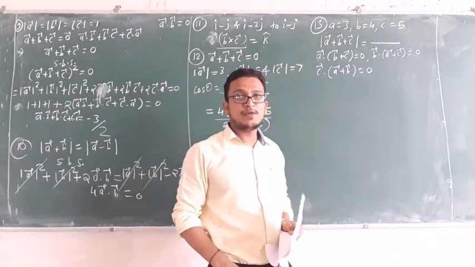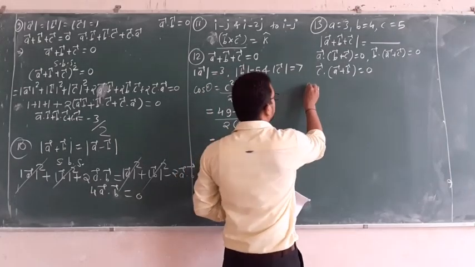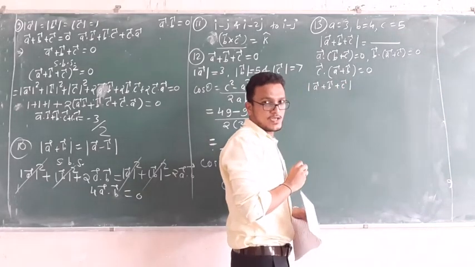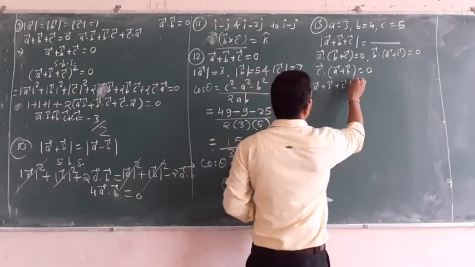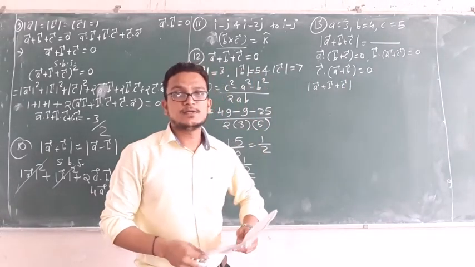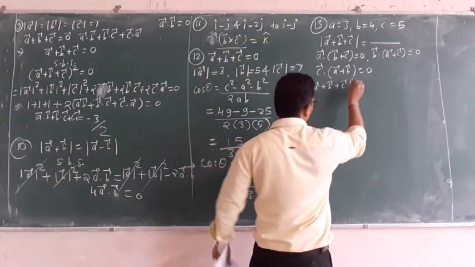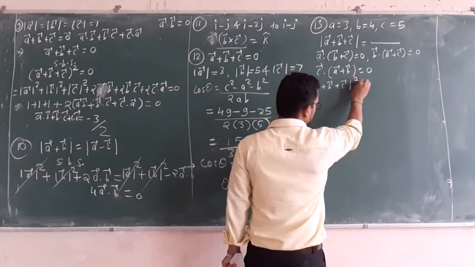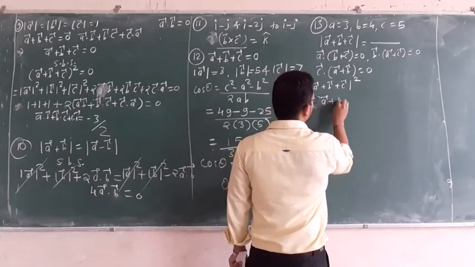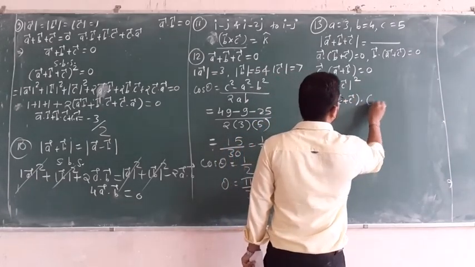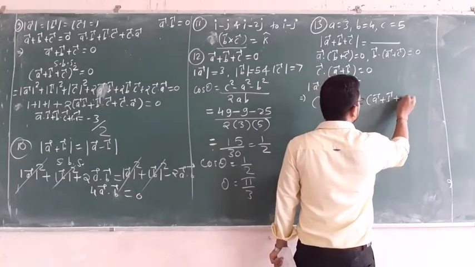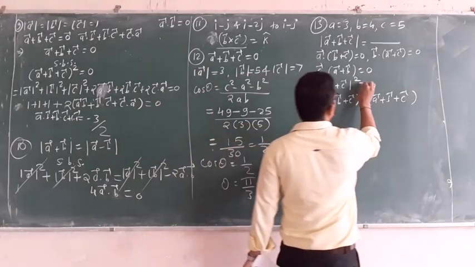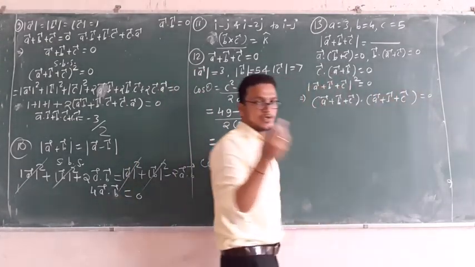You have to find out the value of magnitude of A plus B plus C. So if I take the magnitude of A plus B plus C and make the square of this, then this can be written as A plus B plus C dot A plus B plus C. Okay, so this we have to take, actually we can take it as 0 also, no problem, equal to 0, you can take it.